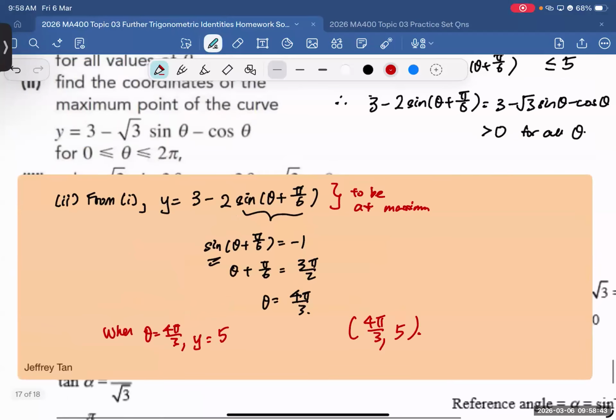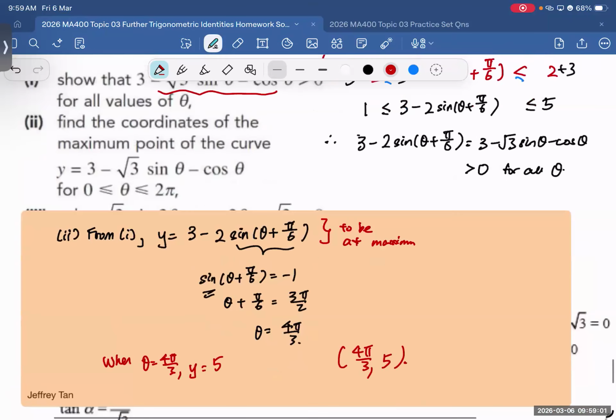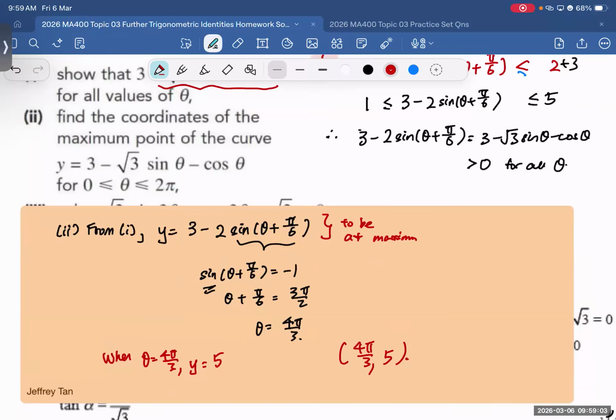So this is question 9, part 2. For our friends who are copying, just get ready your topic notes. No, you have to do it in radian. Read the question.